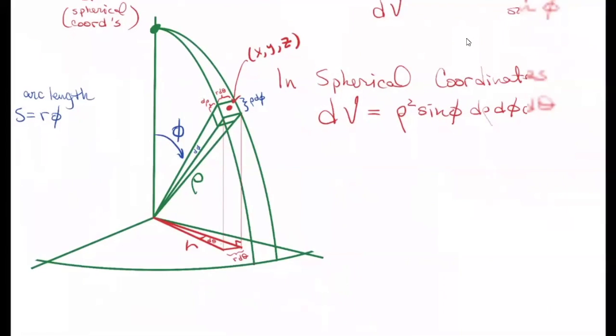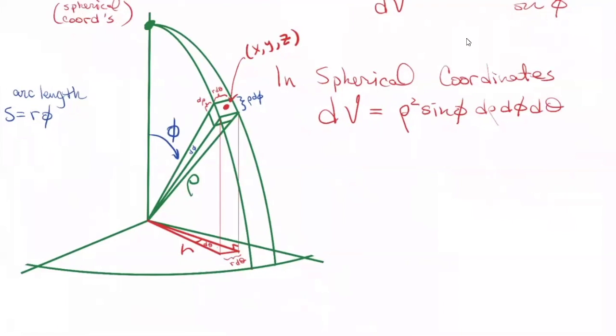So note from this picture that I've got dV as this bit of volume on the graph. Okay, and I'll shade that real quick.